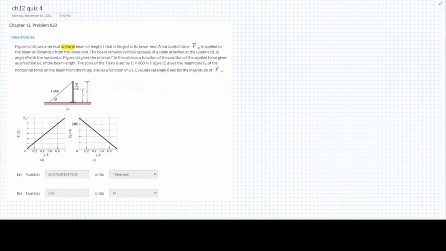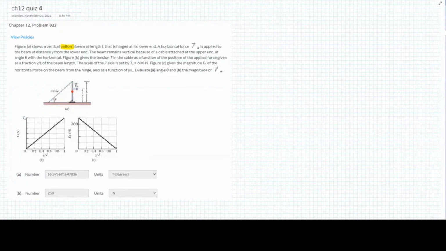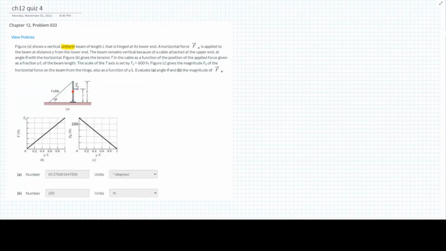So this little dot right here that I'm drawing, if that's the center of the geometry, that's also the center of mass, right at that halfway point. Let me get a better picture. This is problem 33, something that's easier to look at.